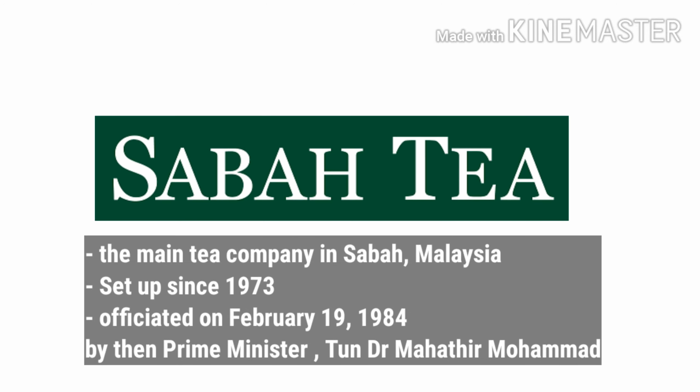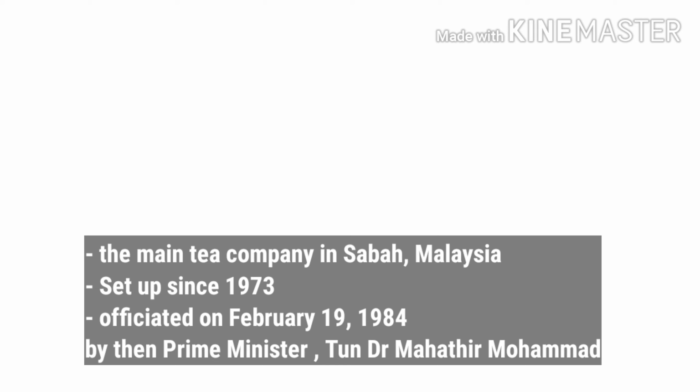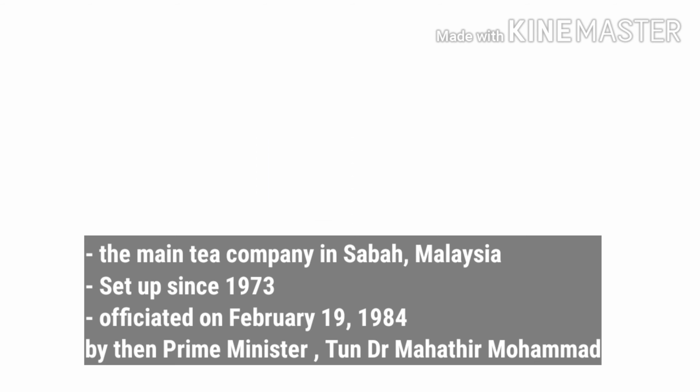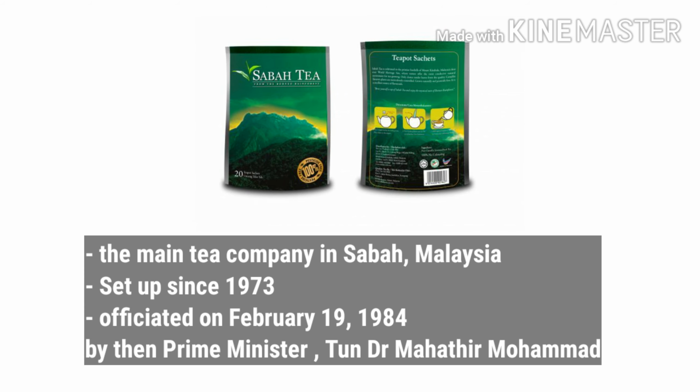So let us take a moment to know about the brief history behind Sabati. The company was founded in the state of Sabah, Malaysia, since 1973. The Golden Sabati brew originated from the blend of the tea leaves from the Sabati garden, which is located at Mount Kinabalu. The Sabati plantation was officiated on February 19, 1984 by our Prime Minister Tun Dr. Mahathir Mohamad.